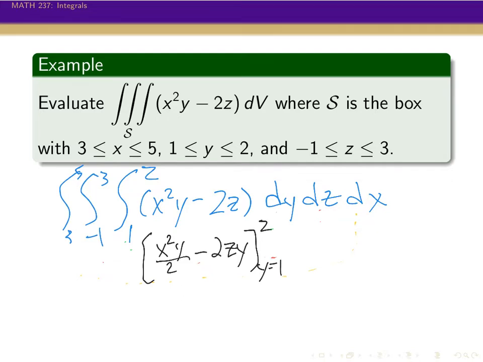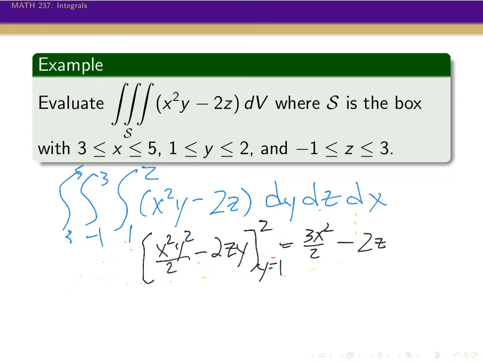So plug that in. 2 squared minus 1 squared, 4 minus 1 is 3, so this gives me 3x squared over 2 minus 2 minus 1 is 1, so minus 2z. So that's what we get from the inside integral.